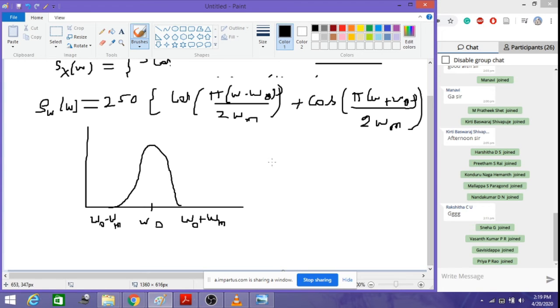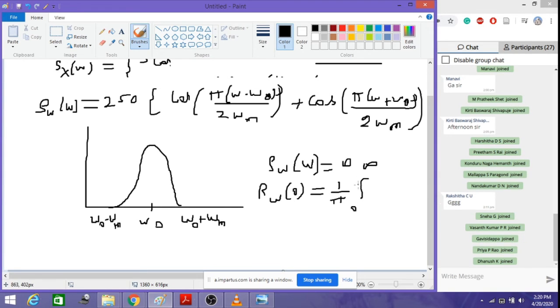If we consider the inverse spectral density by using that equation, we can write RW of 0 is equal to 1 by pi into the integral from 0 to infinity of SW of omega into d omega.